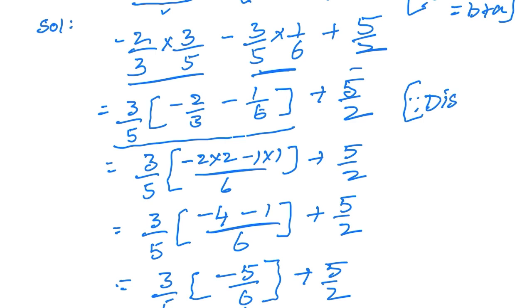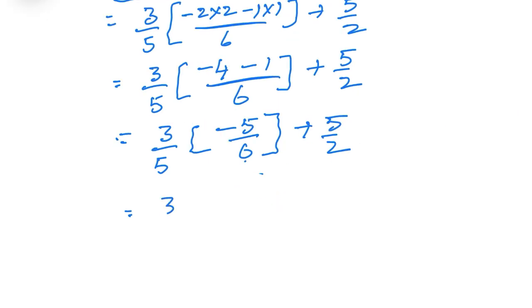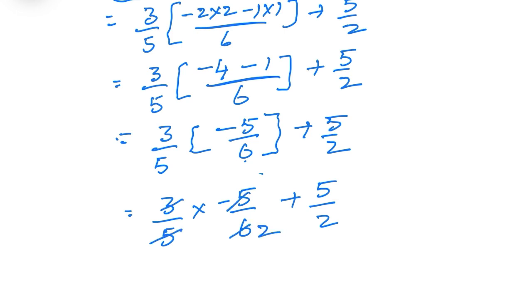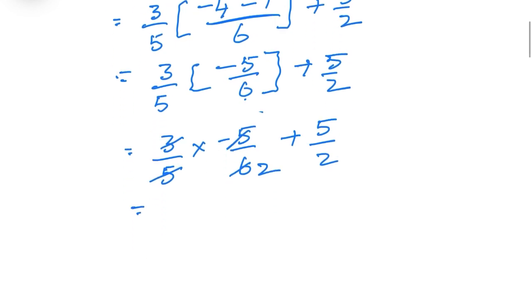Distributive law. 3 by 5 into minus 5 by 6 plus 5 by 2. Okay, 3 two times, 5 one time, one time. So what is left over in the numerator? Minus 1 is left. Okay, minus 1 by 2 plus 5 by 2.